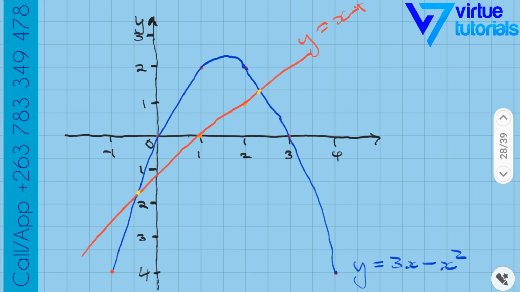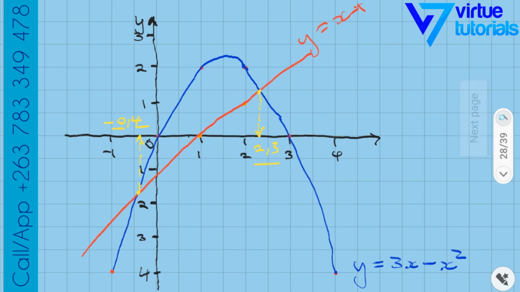Once I've done that, I need to find the x values at those points. So I move towards the x-axis with straight lines. You'll be using your ruler to get this first point here, and then come down this side to get the other point there. So this first point looks like a minus 0.4, and this point here looks something like a 2.3, right? So I have a minus 0.4 and I have a 2.3.